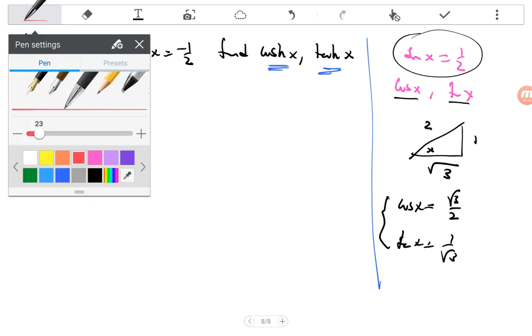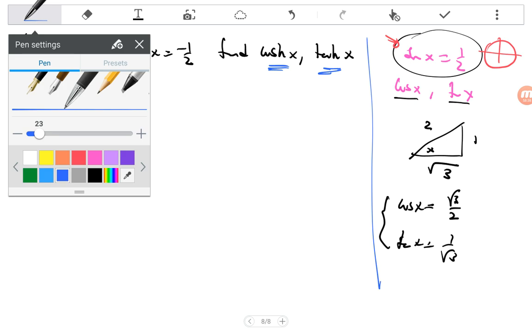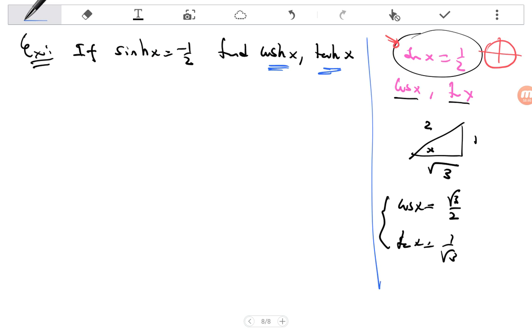Okay? But these are not the only solutions. Why? Because when I tell you that sine x is equal to half, in this case, we will have two basic angles. Do you remember that in the unit circle, when I tell you I need to find the angle which has a sine equal to half, we will have two basic angles, this angle and that other angle: sine inverse half, and the other was pi minus sine inverse half.